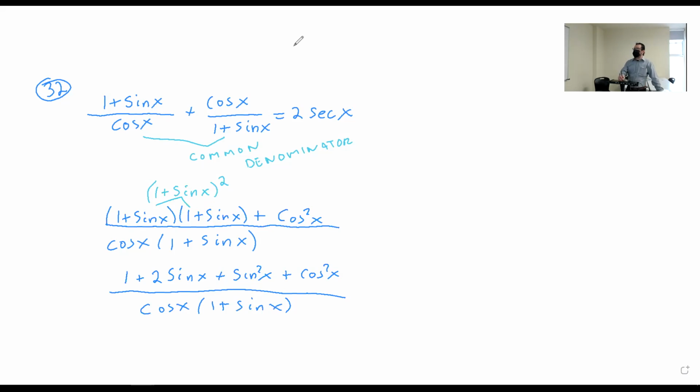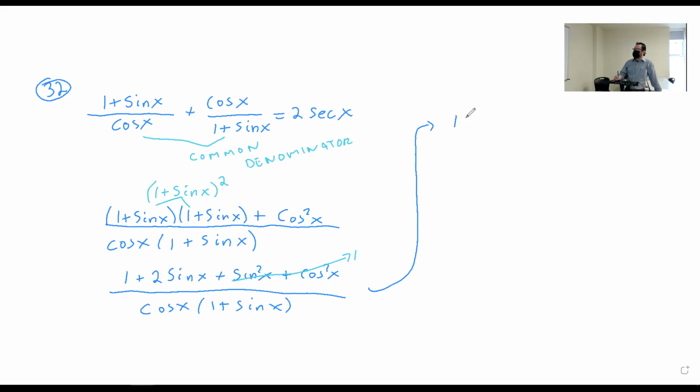So what we can see here is that sine squared of x plus cosine squared of x is going to be equal to 1. And we're going to bring this up over here.